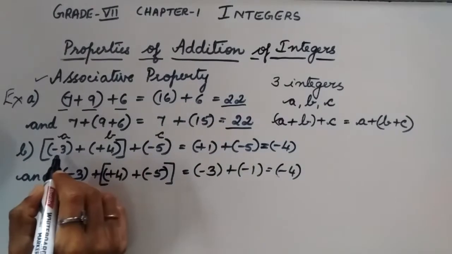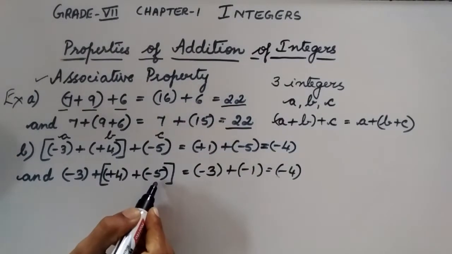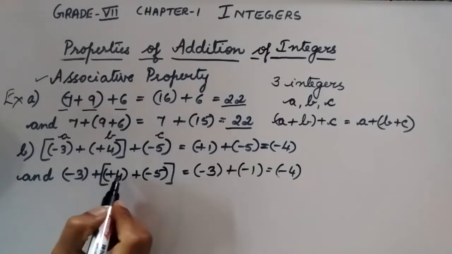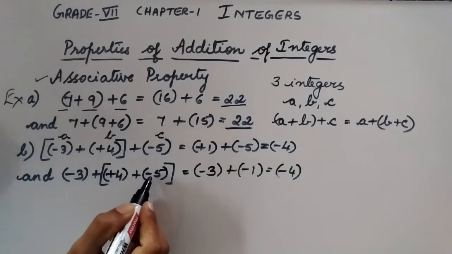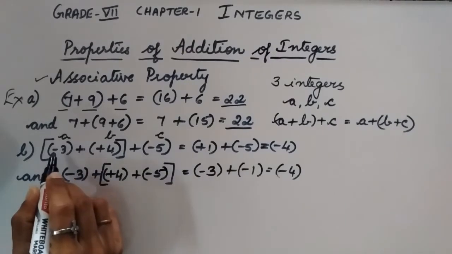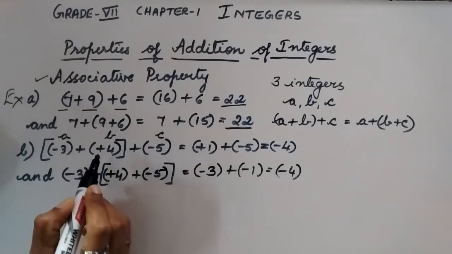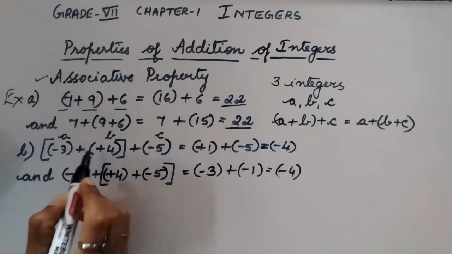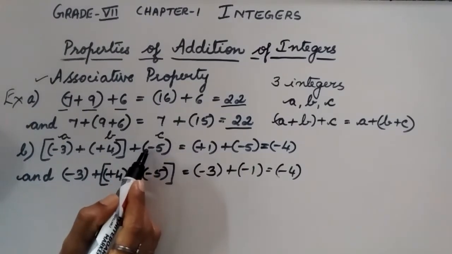And then I am taking the same integers once again, but the order is different. I will now add plus 4 and minus 5. Here I added first minus 3 and plus 4, and then the sum of this was added to this integer.